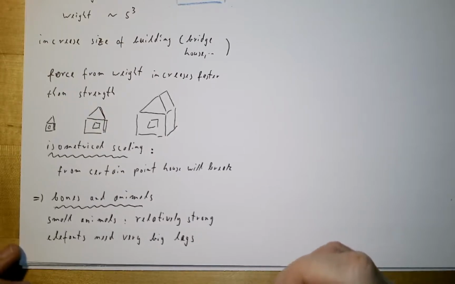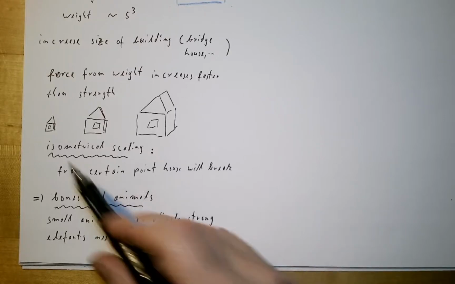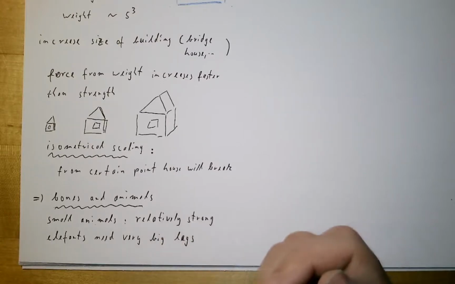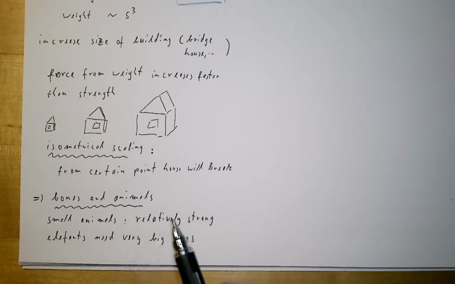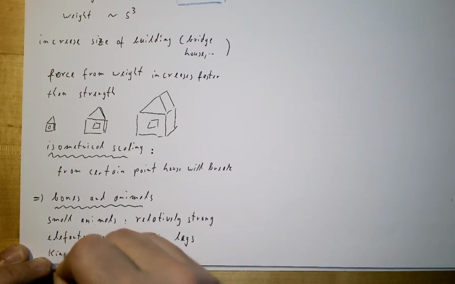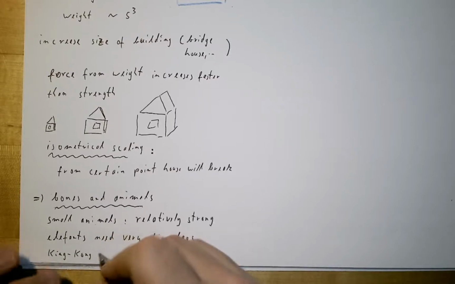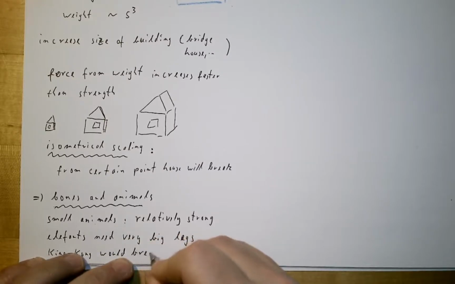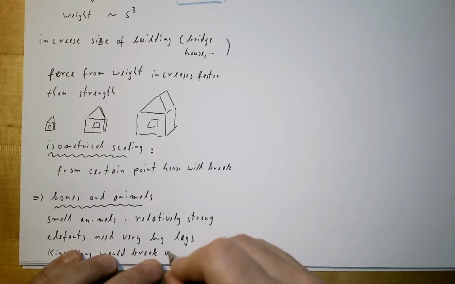And he said, yes, but these animals should look different, because King Kong is just a scaled up version of a small monkey or a gorilla. And if you scaled up the gorilla to a very large gorilla, it would just break apart. It couldn't hold its body weight. So actually King Kong would need much thicker legs than it has in the movies. King Kong would break under its own body weight.